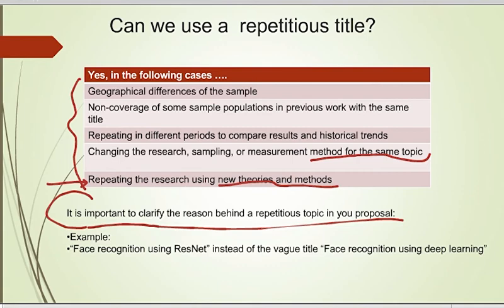But you need to clarify why you used a title that is repetitious. Anyway, if your titles are exactly the same as a previous work's title, try to somehow differentiate.